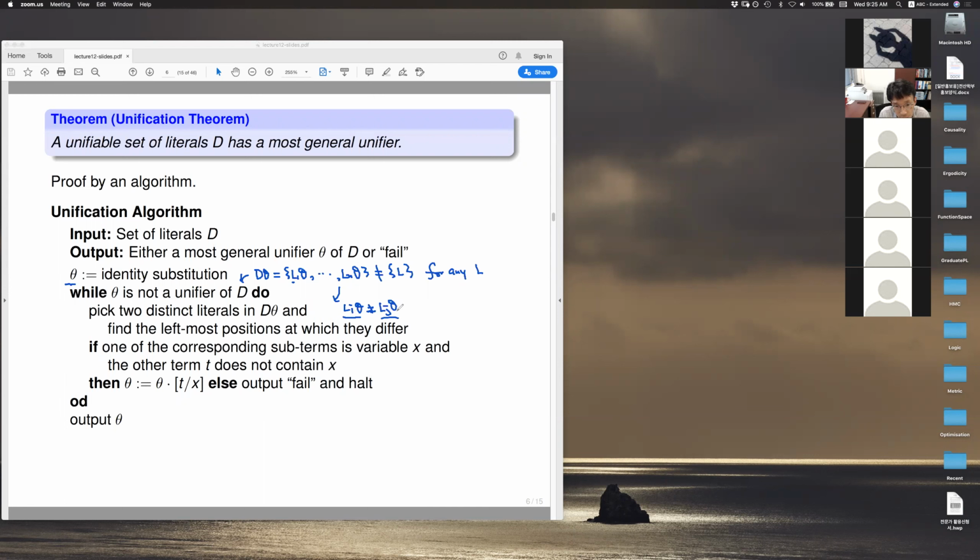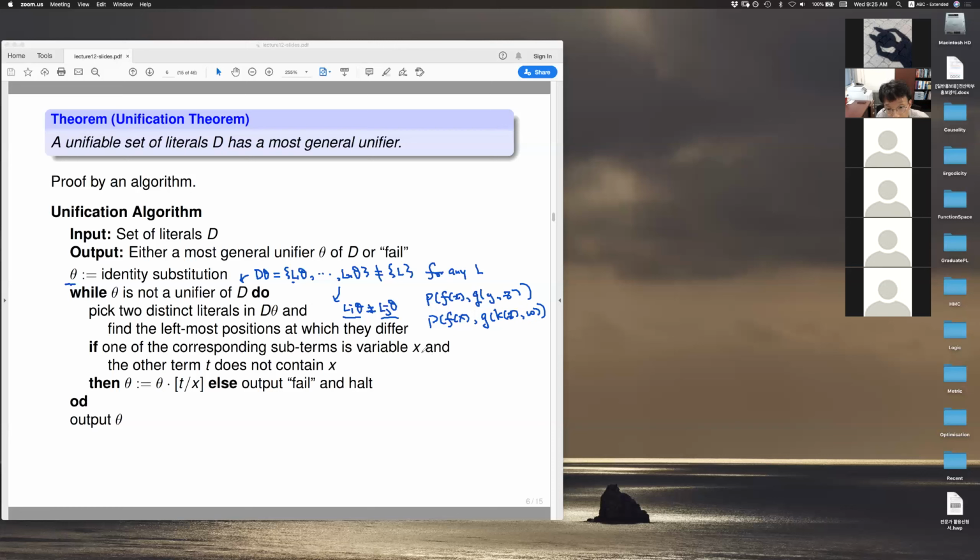So if these two literals start with p, and then maybe after substitution, the first is f of x, g of y, and the second is f of x, g of k of z, and w.